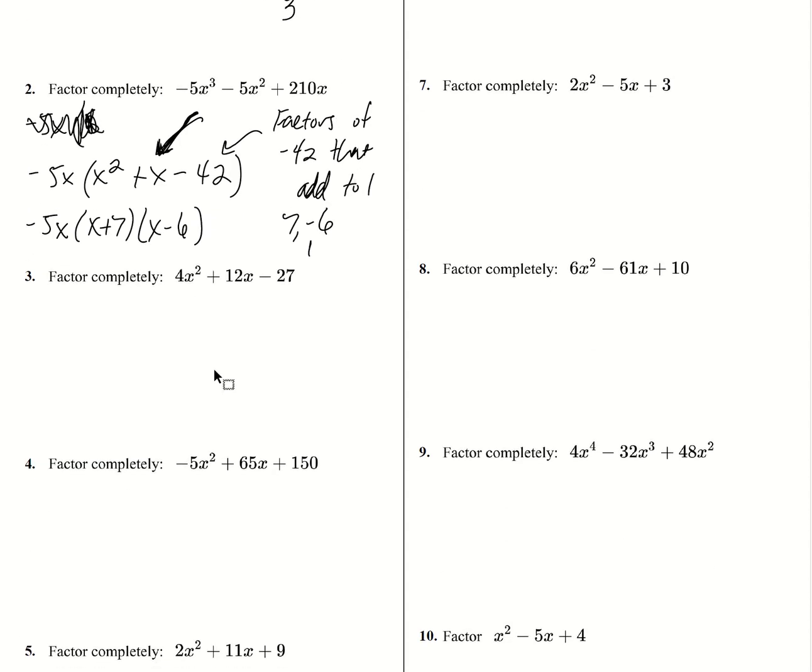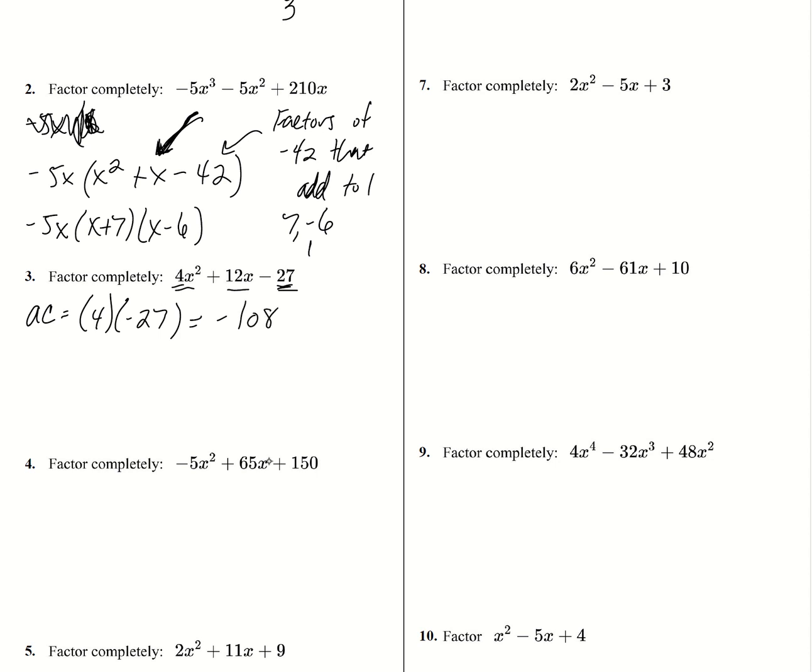Okay, last type of problem. None of these terms have a common factor. And when that's the case, we have to employ that method we looked at last week. So our first step is we multiply a times c. A is 4, and c is negative 27. And that's going to give us negative 108.